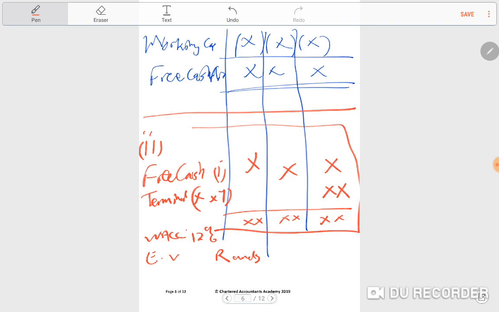We have to translate it now to RTGS dollars, since we were told that it has to be translated. And on this translation, we were told that the current rate was $1 is equal to 13 rand. So we're just going to divide the enterprise value by 13, and then we get our enterprise value in RTGS dollars. I hope you are all clear, guys.